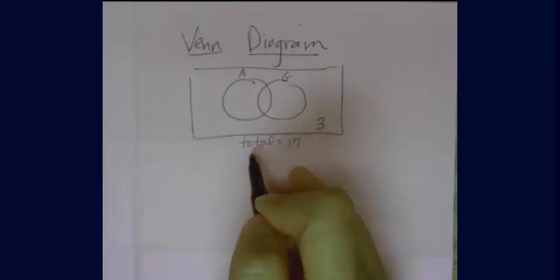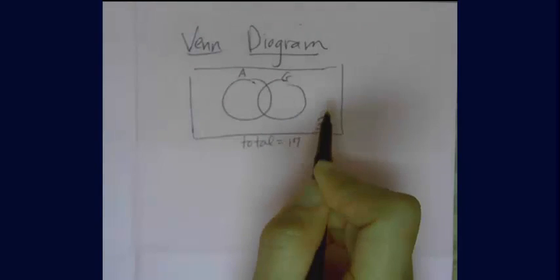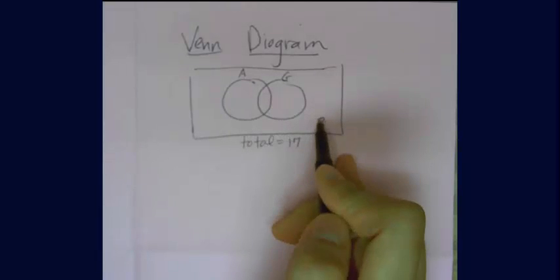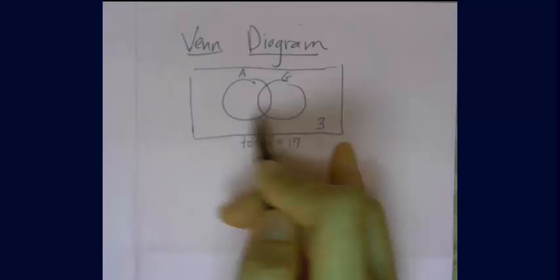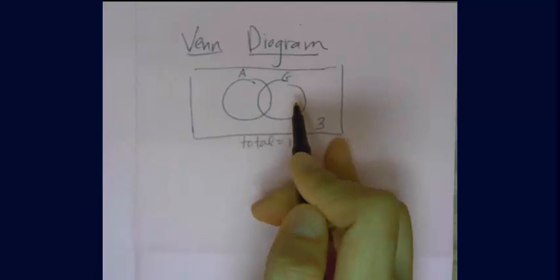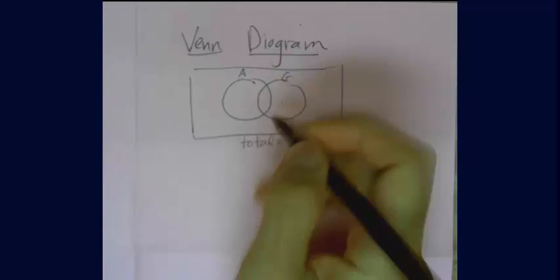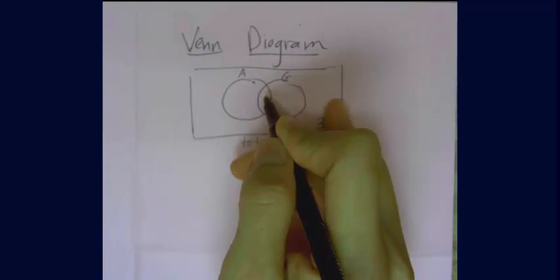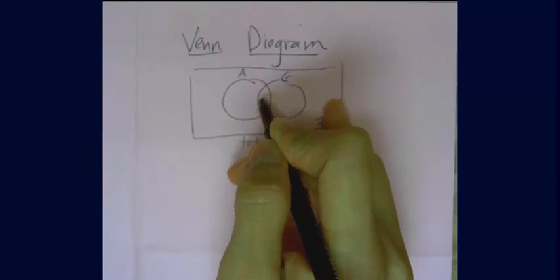Now we know that the total is equal to 17, so there were 17 teachers in the room, and we knew that 3 of them taught neither algebra nor geometry. However, in order to figure out the probability, we have to know how many teachers taught both.